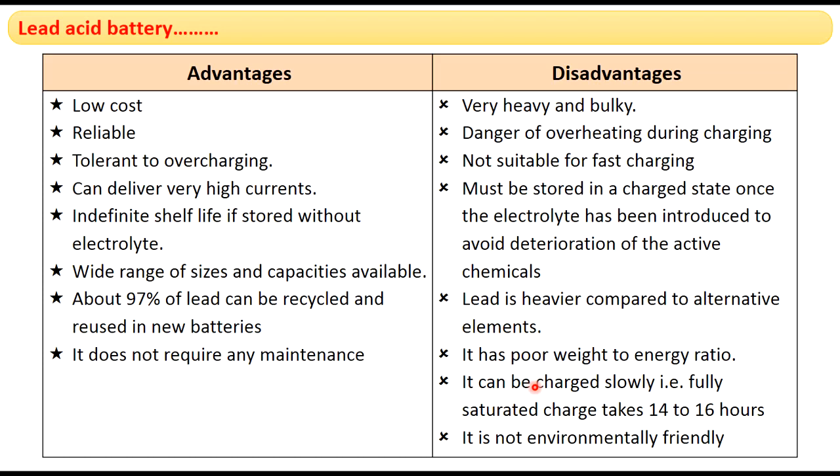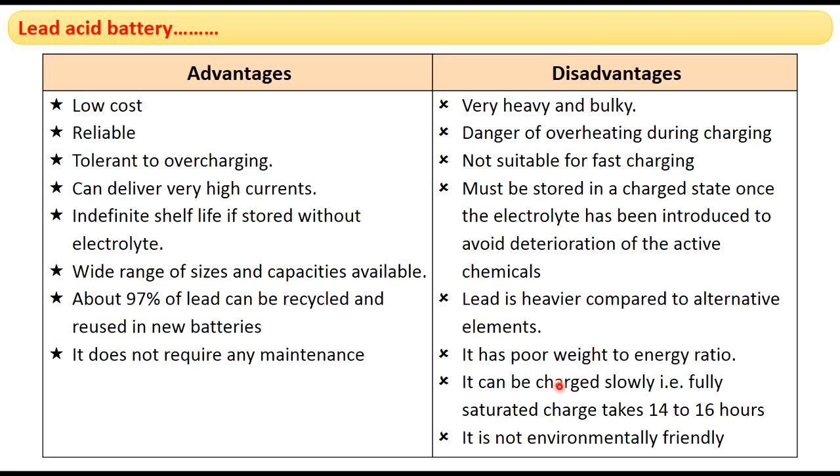Another disadvantage is lead acid battery can be charged only slowly, and if you want to recharge the battery to its fully charged state, it takes 14 to 16 hours. And the important disadvantage is it is not eco-friendly. These are the disadvantages of lead acid battery.